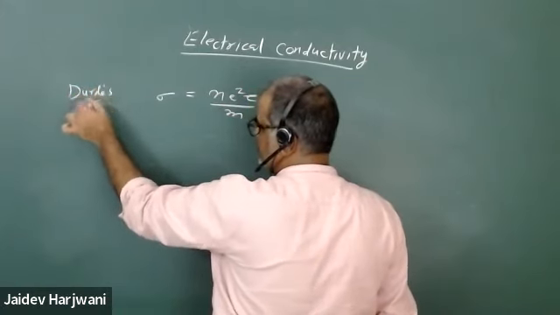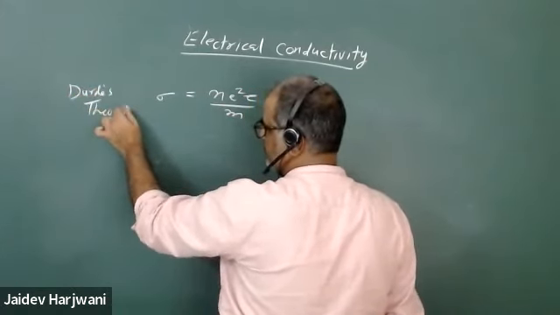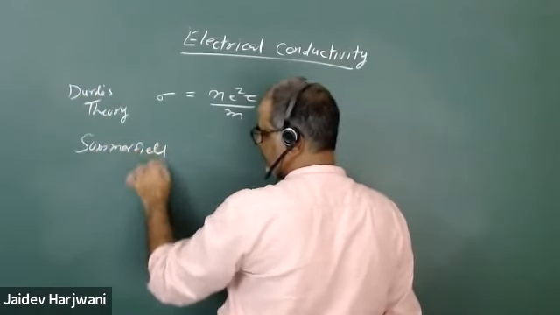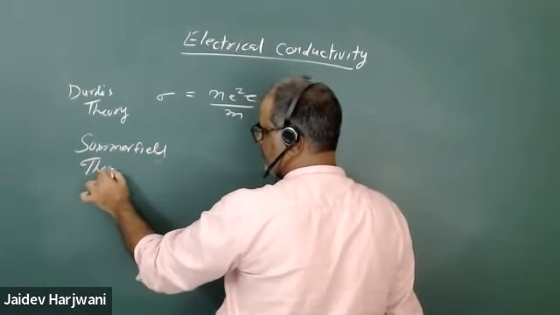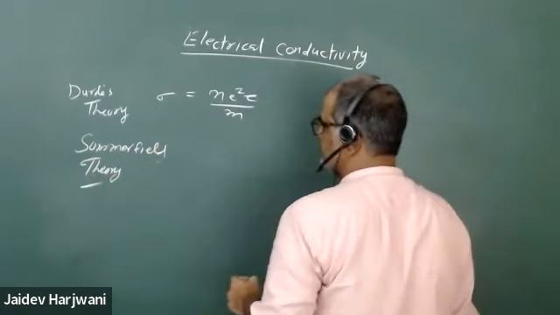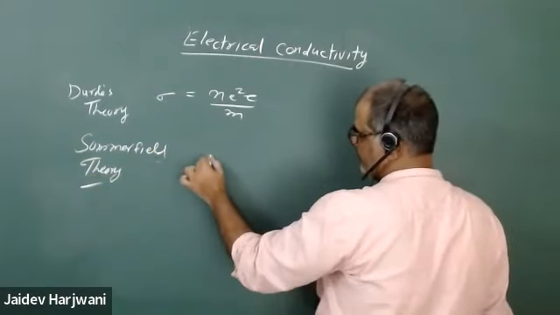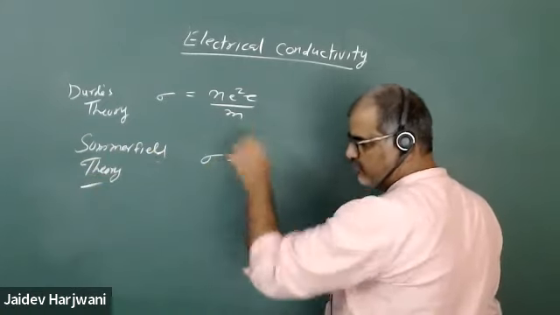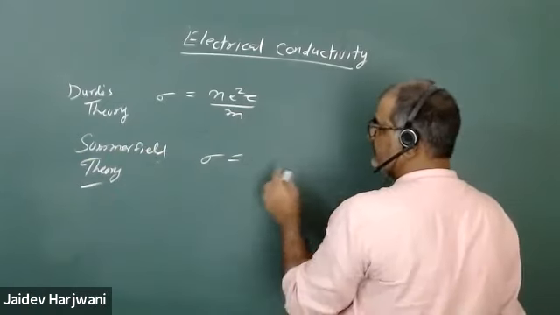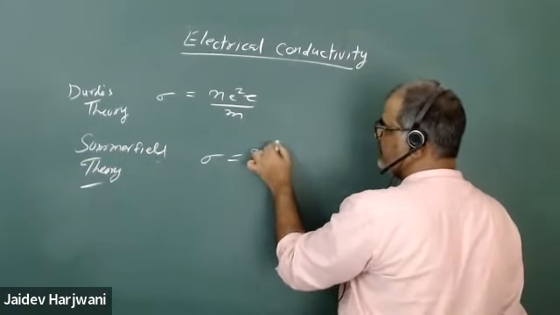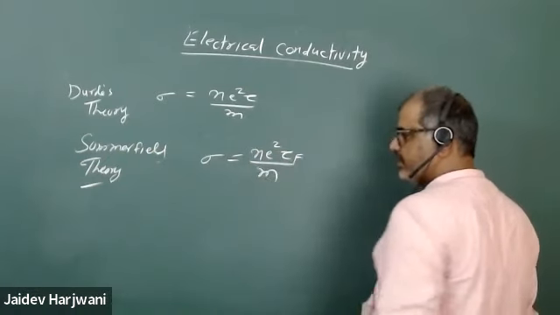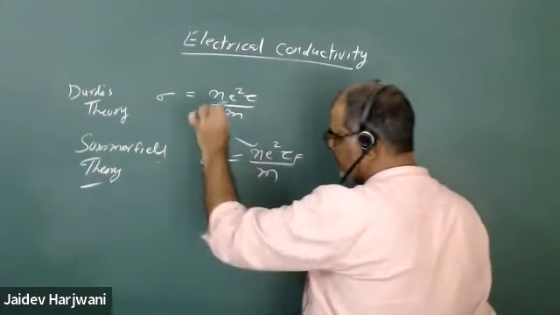Using Sommerfeld theory, or quantum theory, the difference is not much. Even when we solve the band theory, there will be some more modification in this term. This term comes out as ne² tau_f upon m, so it is still including all the electrons.